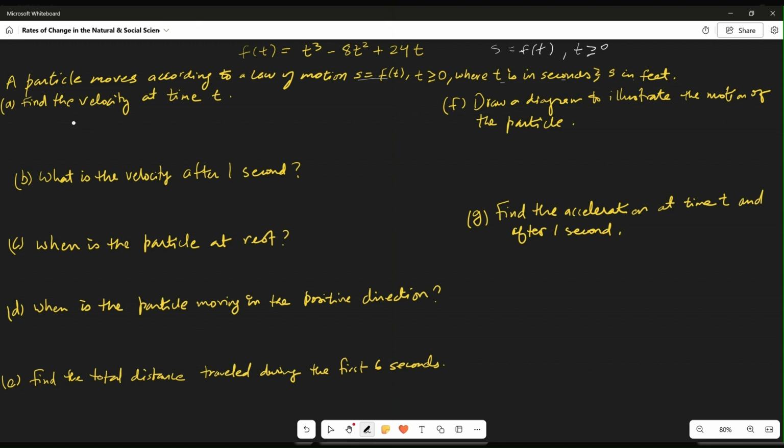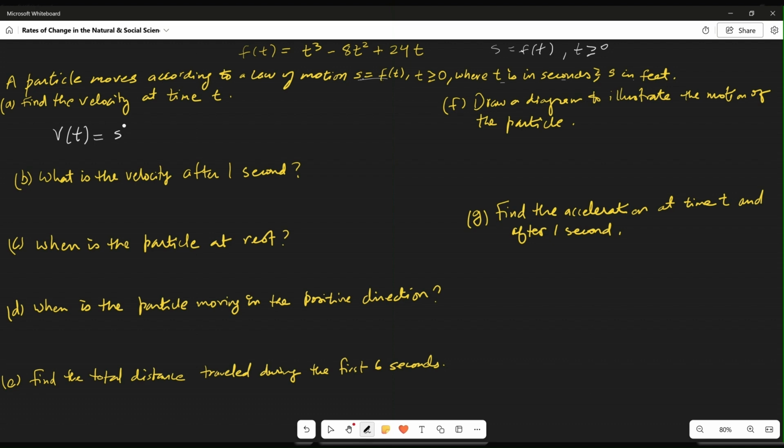We have this position function s, which is equal to f of t, given. So we can just get straight to the point. The velocity of this function with respect to t is simply the derivative of this position function.